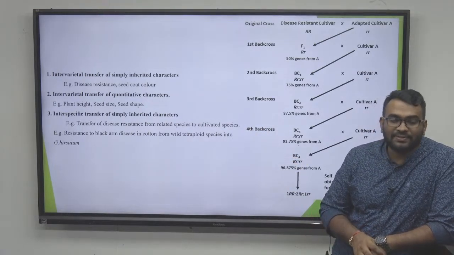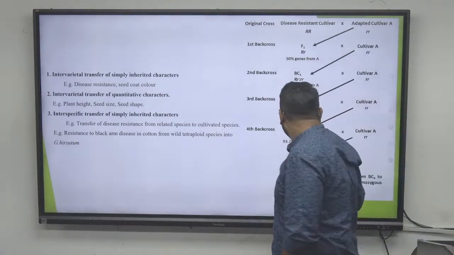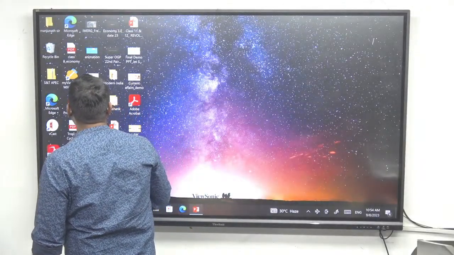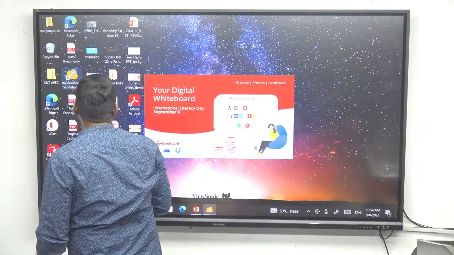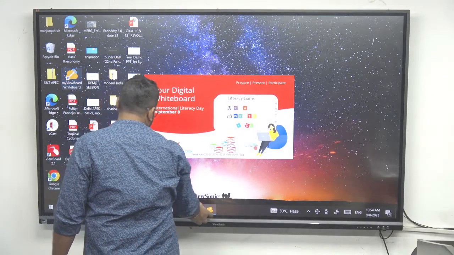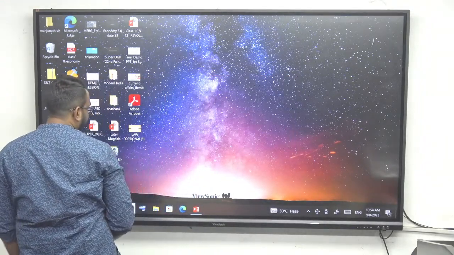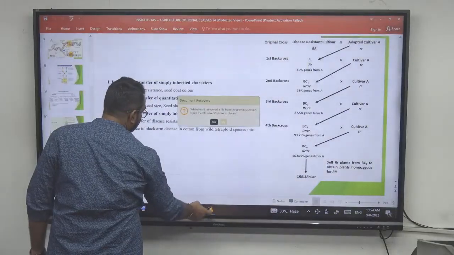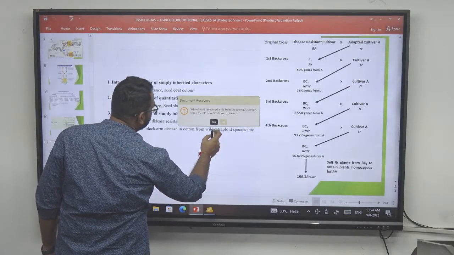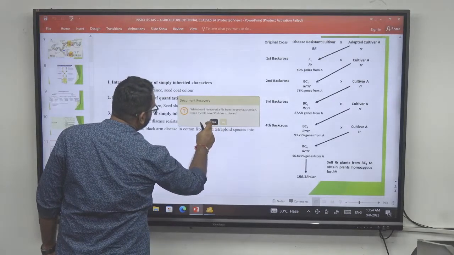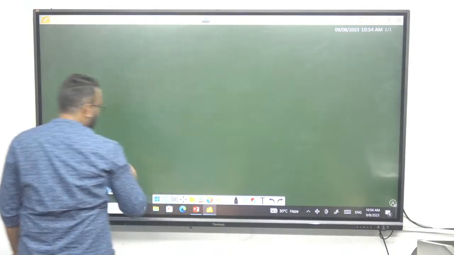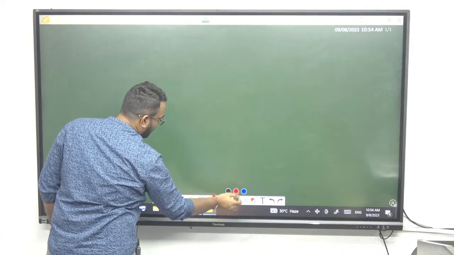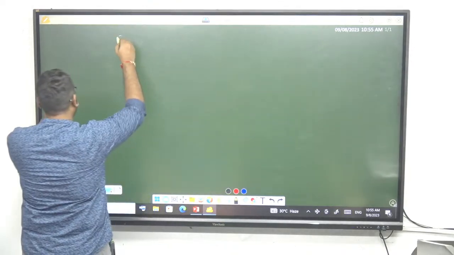So ideally for the structure of this answer, what you have to do is this. Right. So here I was saying for back cross.